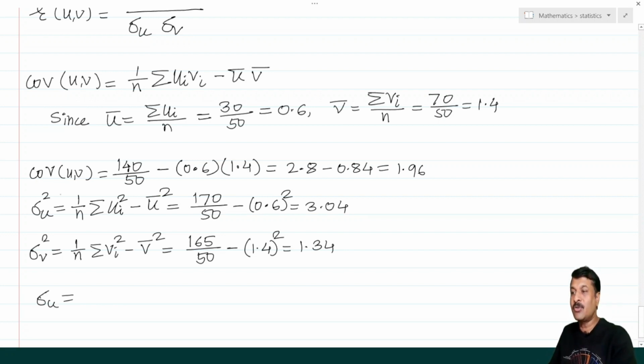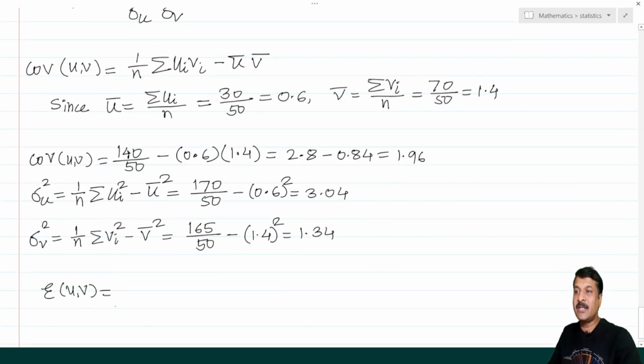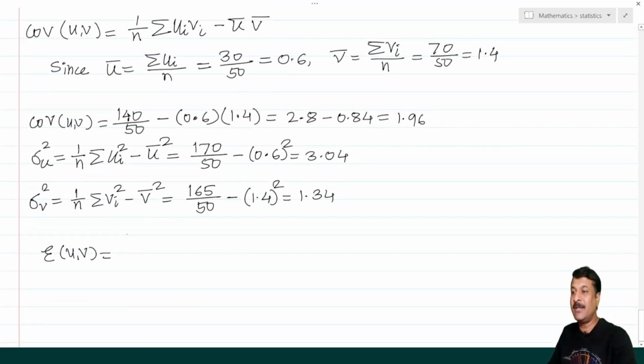And therefore, what is sigma u? It is the under root of that. You take the under root of this, also the under root of this, so I can find sigma u, sigma v. Or you can put directly there. So r of uv equal to covariance of uv, so we have this value 1.96 upon under root 3.04 into under root 1.34.